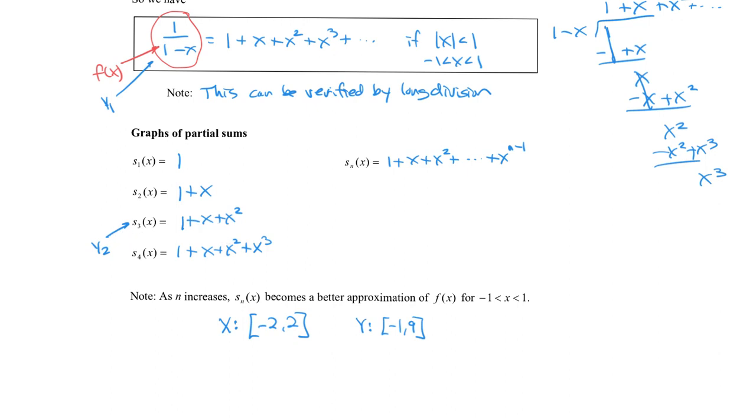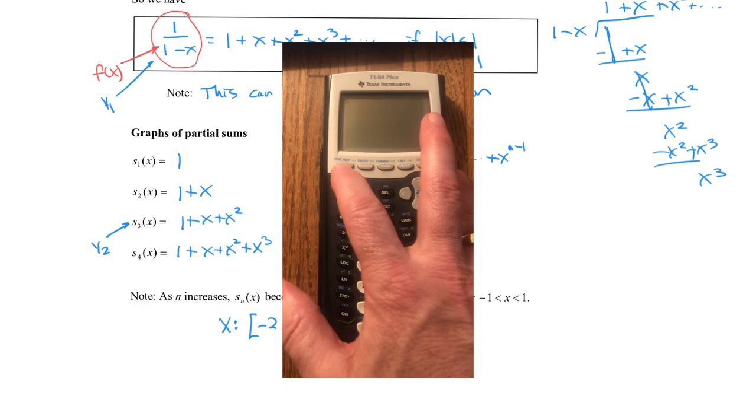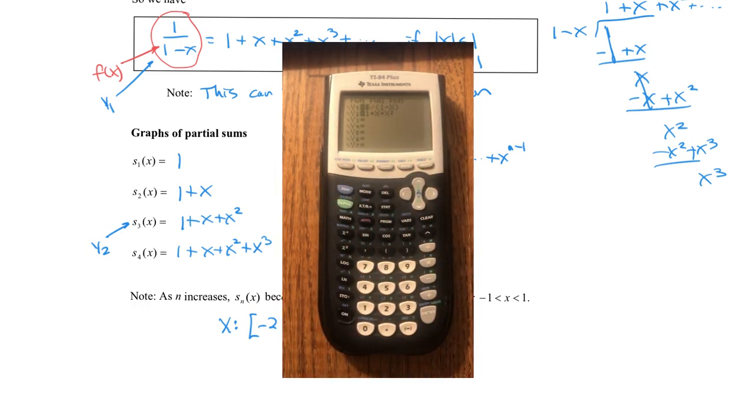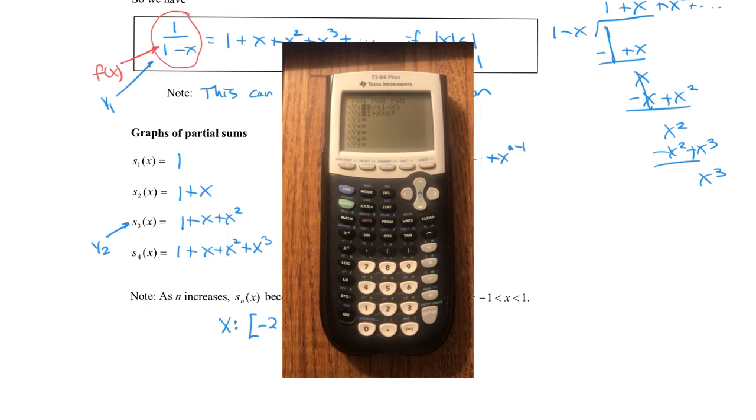What we should notice is that the more terms we add, the more these partial sums will act like this function as long as we're in this interval here. So we've got the calculator here, and go to y equals, and we've got the original function, f of x, in y1, and our s sub 3, our partial sum approximation, is in y sub 2.